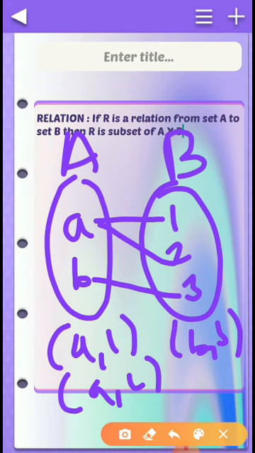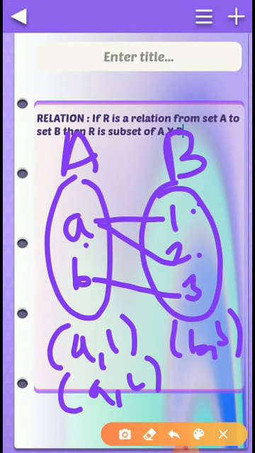Now is this a function? It is not a function. See why it is not a function? Because here a has two distinct images. That is, a is mapped to 1 as well as a is mapped to 2. That means a is having two images.